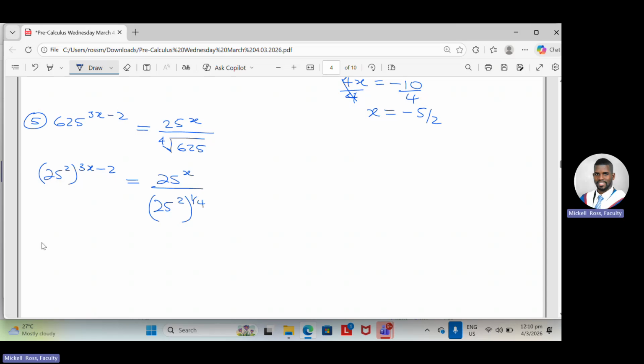So this is going to give us 25 with 6x minus 4 equals to, when this is multiplied, 2 times a quarter, you're just going to get a half. So what we're going to have is 25 raised to the power of a half, all divided by 25 to the x. Okay? So this is going to give us 25 to the x minus a half, because you're dividing and the base is the same, so you can subtract their powers.